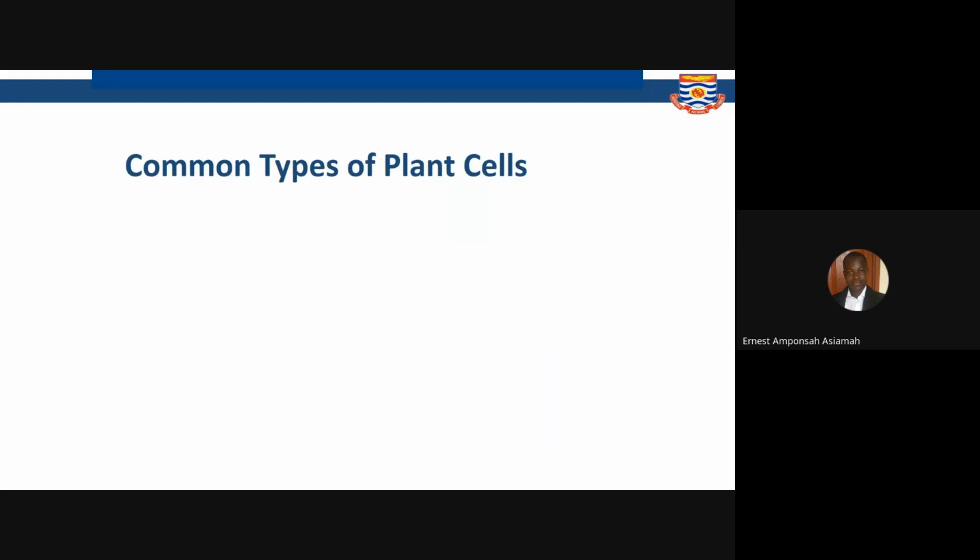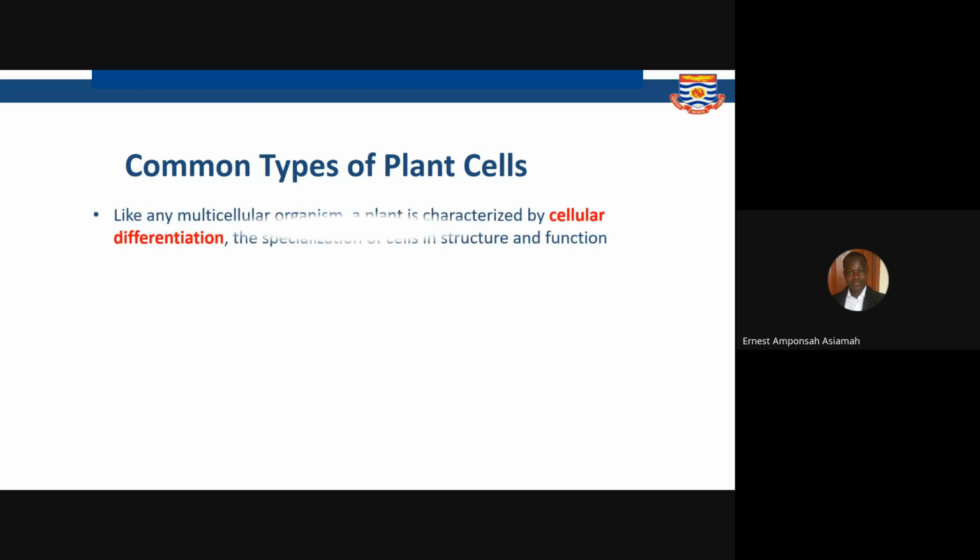Okay, so now having talked about the tissues in the plant, let us go on to look at the different kinds of cells which are present in these tissues. Plants are multicellular organisms, and they also undergo differentiation. If you remember the first lecture, we talked about differentiation, and this has to do with the expression of different genes.